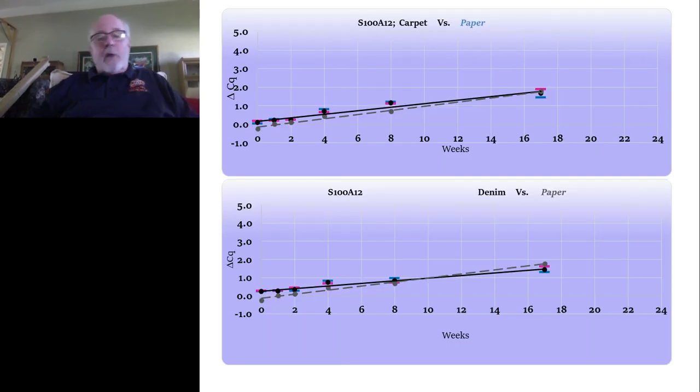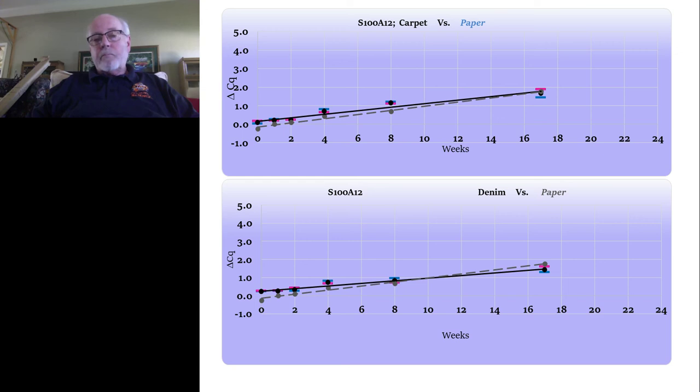The results of that study, I'm just going to show you a couple of surfaces, which include carpet and denim. The take-home lesson from all of our substrate studies is that there really is no effect on the rate of RNA degradation, depending upon the surface, when compared against blood stains created with stain cards that we're using as our control.